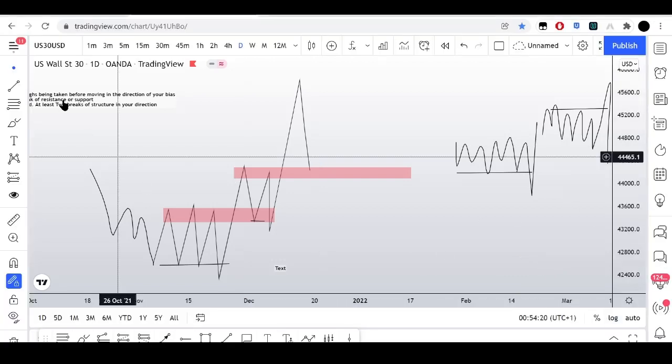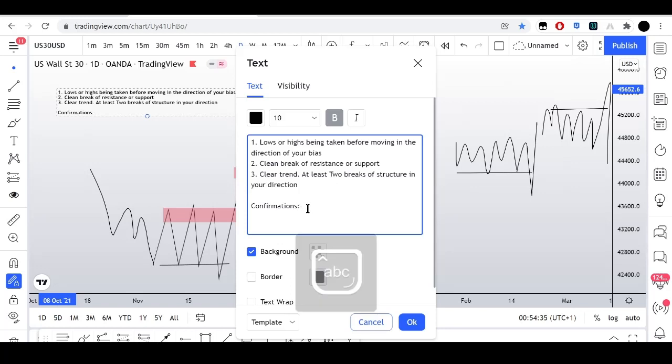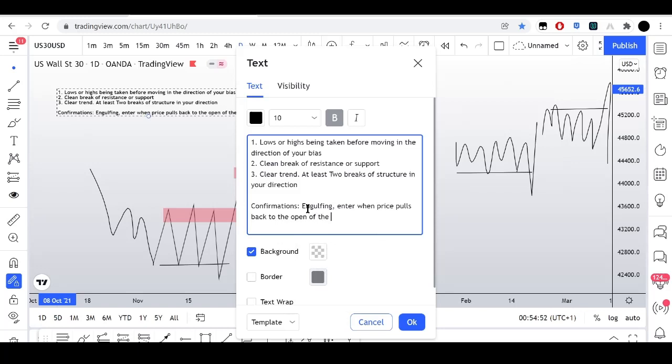So let's go ahead and write this down. Confirmations will be engulfing: enter when price pulls back to the open of the candle that got engulfed.